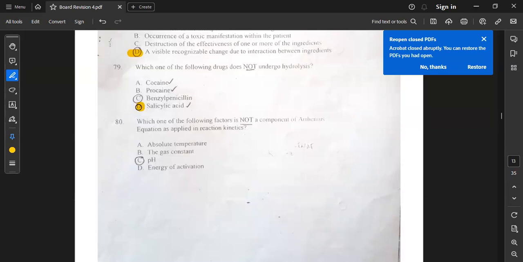So just to repeat: high minimum alveolar concentration, low potency; high blood gas partition coefficient, slower onset of action.